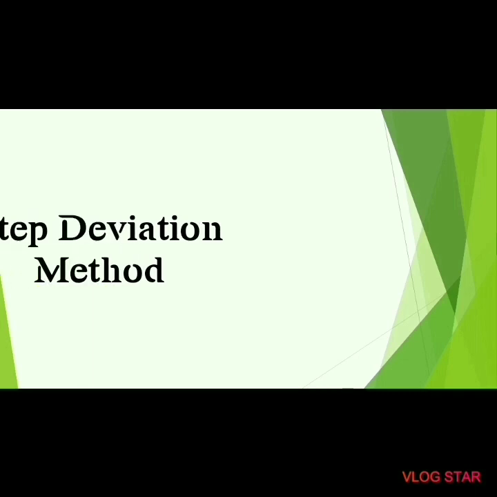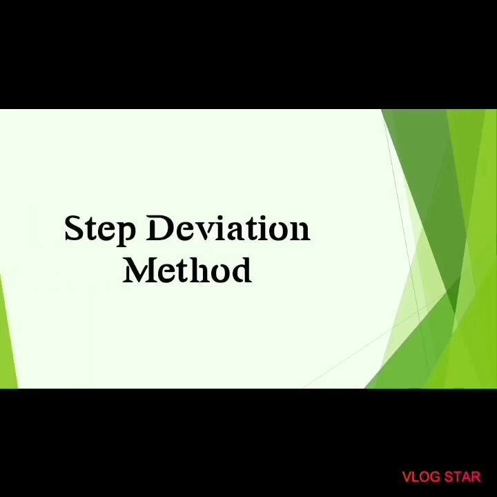Now move into the third method, step deviation method. Here also we will look into the formula and one practical example similar to the first two methods. So let us see what is the formula.